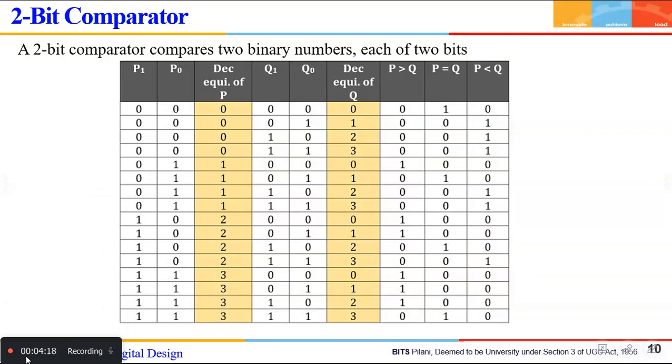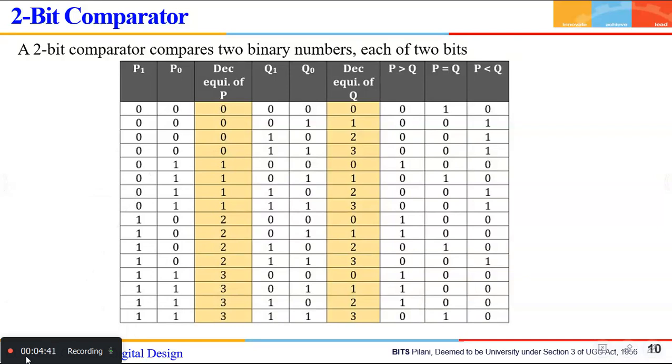That's all. So ultimately, what did you design? A circuit for a 2-bit comparator. See, such a great thing. You designed a hardware. How did you do it? What came first?